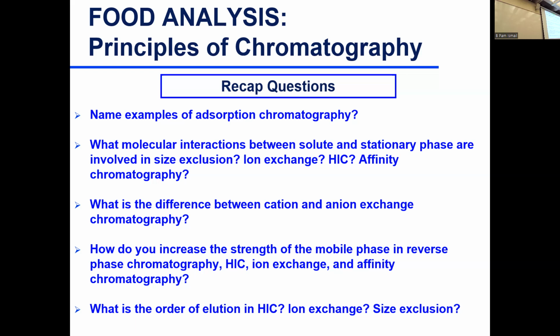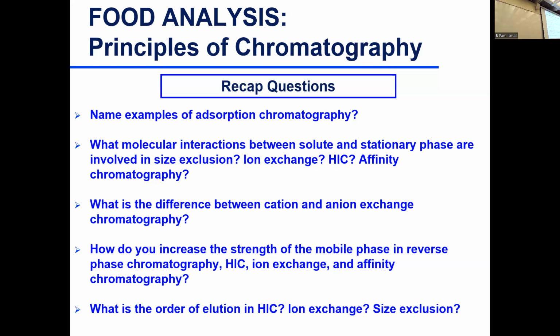All right, so in ion exchange, is it the least charged or the most charged, whether it's positive or negative, the one that has the highest valence or the one that has the least? The least. Very good.